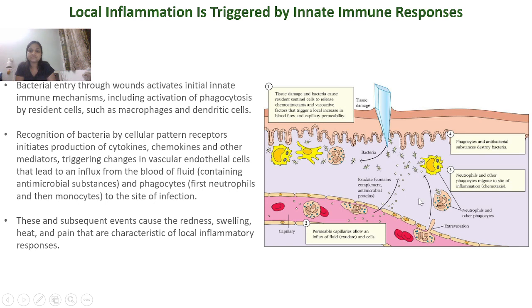And then these neutrophils and other phagocytes will migrate to the site of inflammation by a process known as chemotaxis, attracted by these chemicals. They will release certain enzymes and molecules which help in the destruction of the bacteria, either by phagocytosis or by directly killing the bacteria with these enzymes.